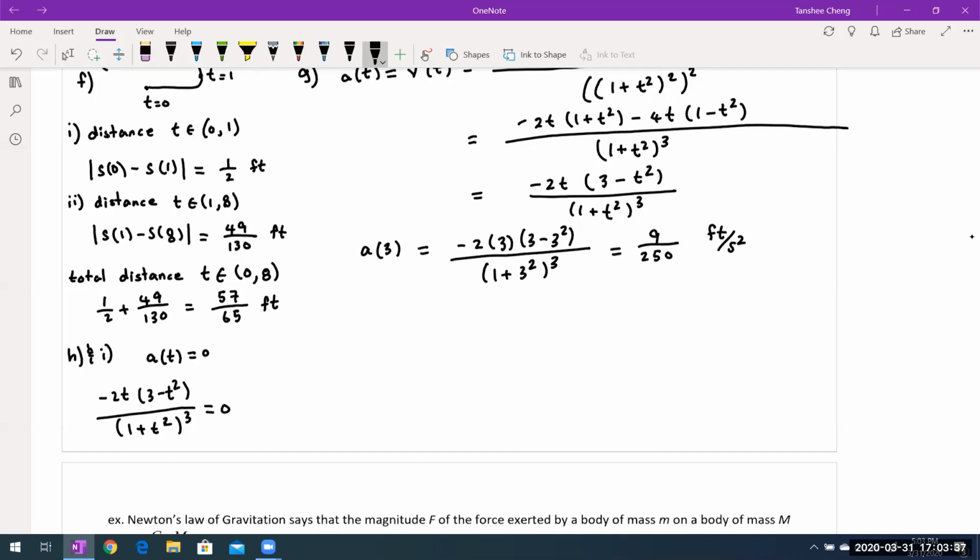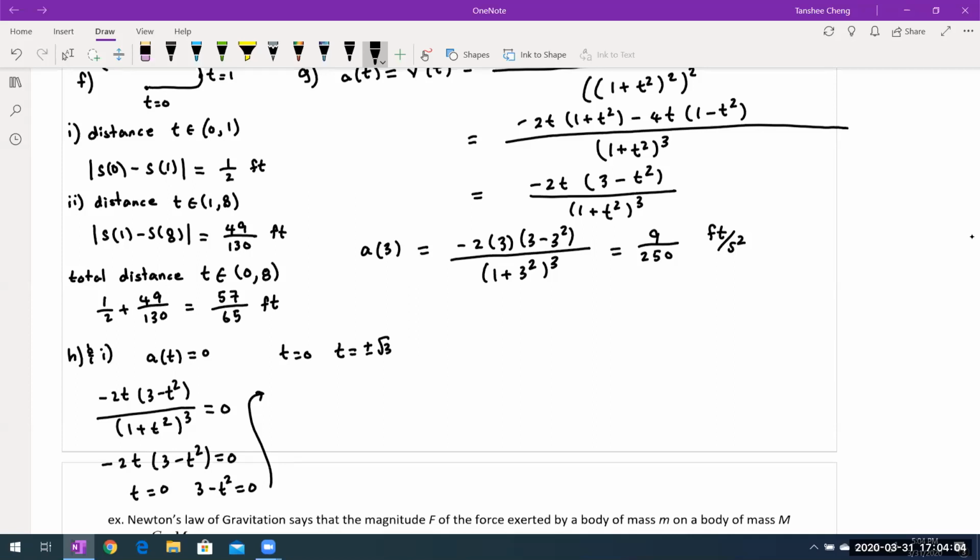When you clear the denominator, negative 2t times (3 minus t squared) is equal to 0, which gives us t is equal to 0, and 3 minus t squared equal to 0. So this tells us that t is equal to 0, and t is equal to plus or minus square root of 3.